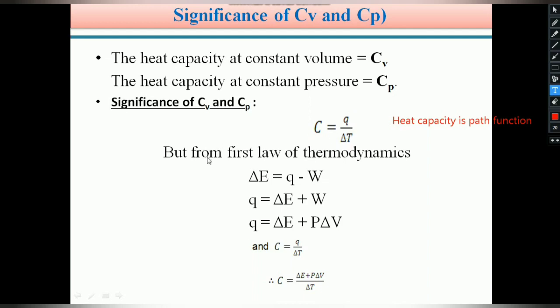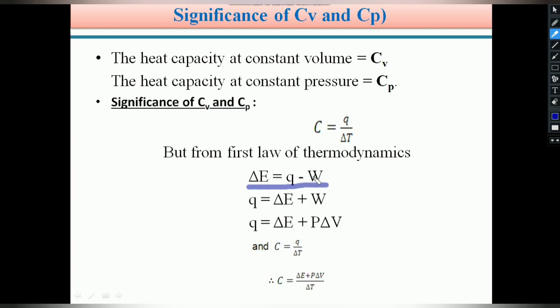But we know that from the first law of thermodynamics, delta E equals Q minus W. Here in the previous slide we saw we are giving heat to the system to raise its temperature by 1 degree centigrade. Here work is done by the system. That's why according to the first law of thermodynamics, delta E equals Q minus W.